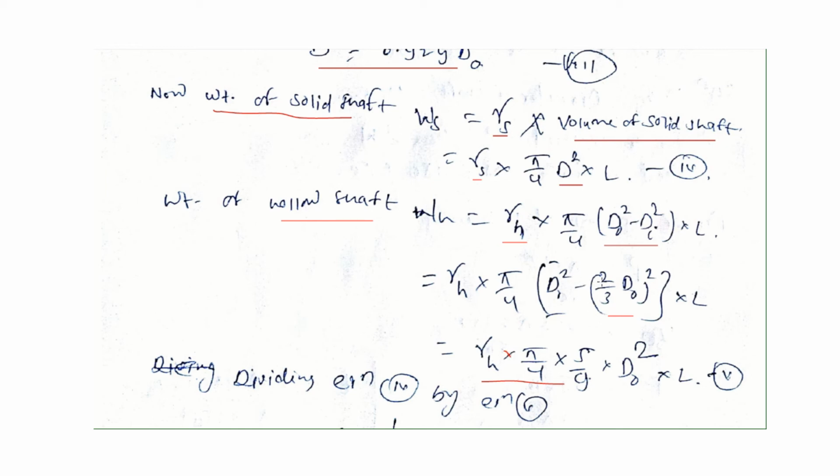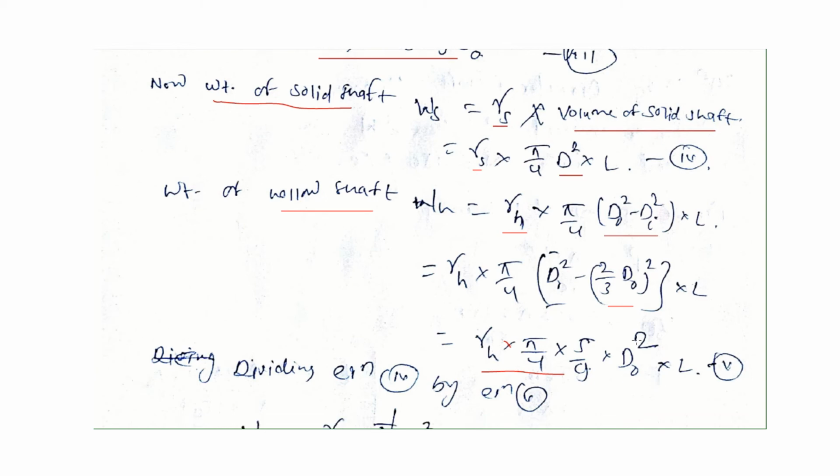Here 2 by 3 squared is 4 by 9, and subtracting from 1 gives 5 by 9.